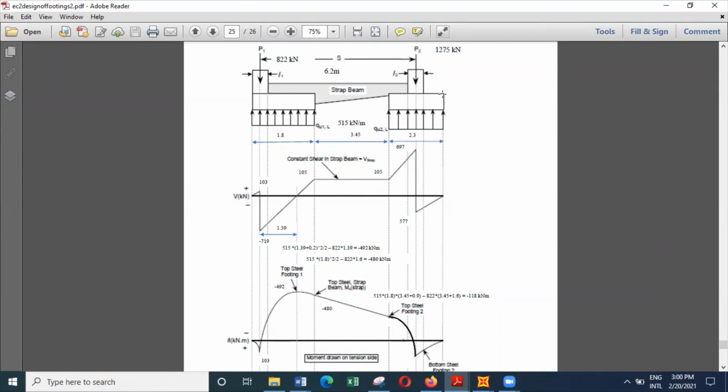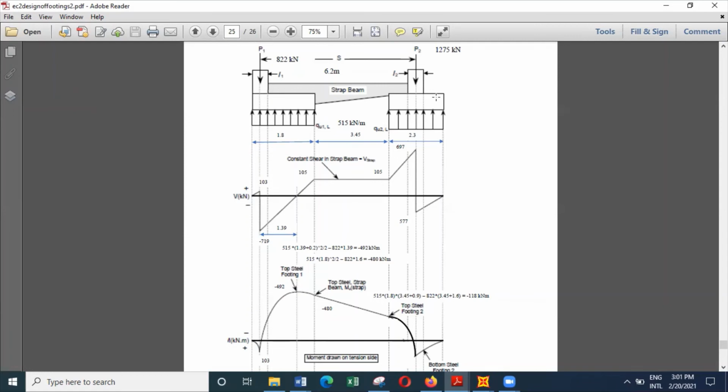And then we also need to know whether the punching shear failure can occur here. And for punching shear failure, we can select a punching shear perimeter, maybe 2D away, and that is the normal perimeter that we generally consider. But if you consider a thickness of 0.6 meters, then 2D, 2 times D will be something like 1 meter, and the projection is 1.25 meter.